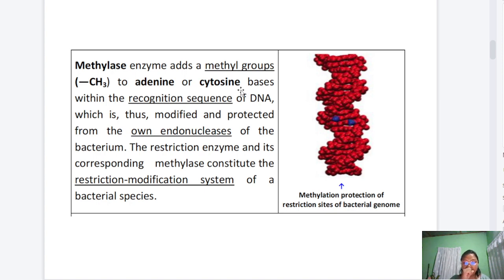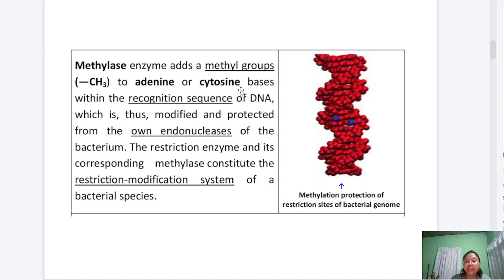So I think it is very clear from this definition that the methylase is going to add a methyl group in the bacterial genome, and once it adds the methyl group, the restriction enzyme, even though it recognizes the sequence, is not going to be able to cut the bacterial genome effectively.